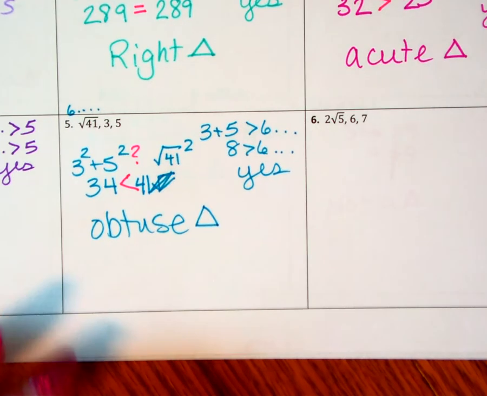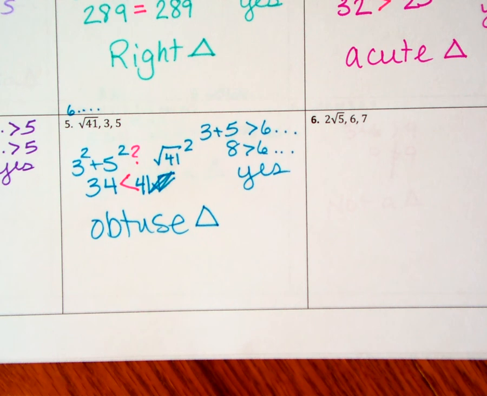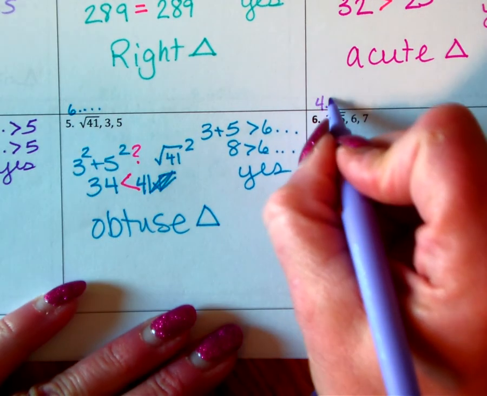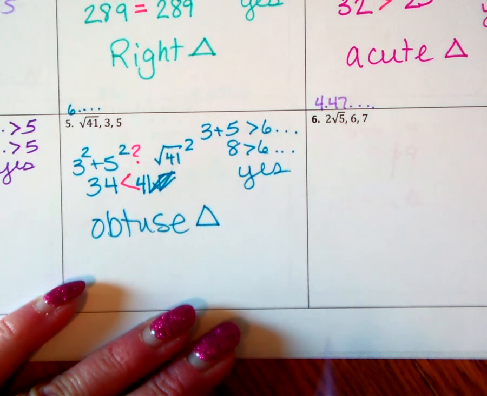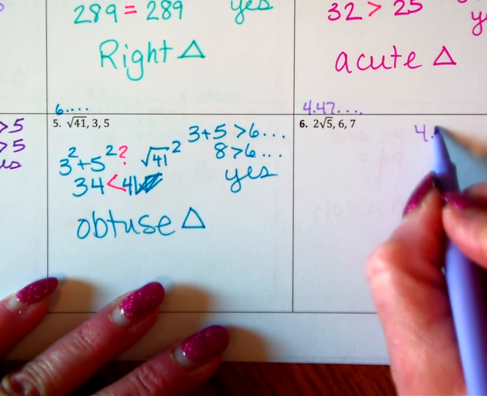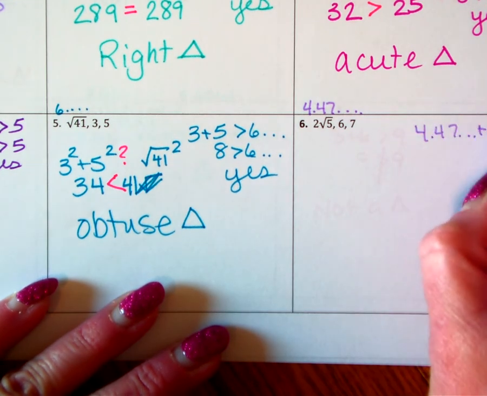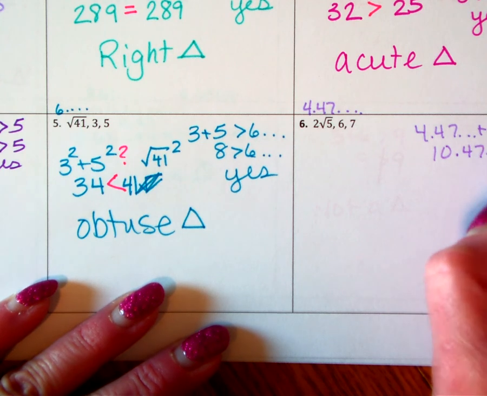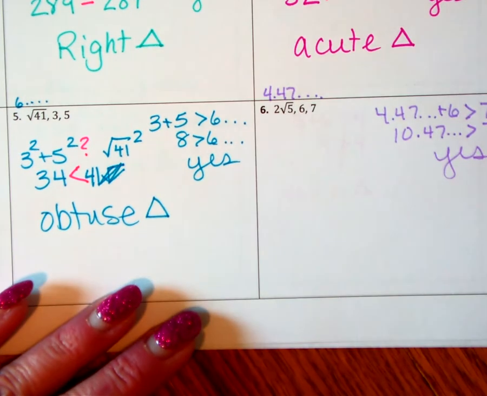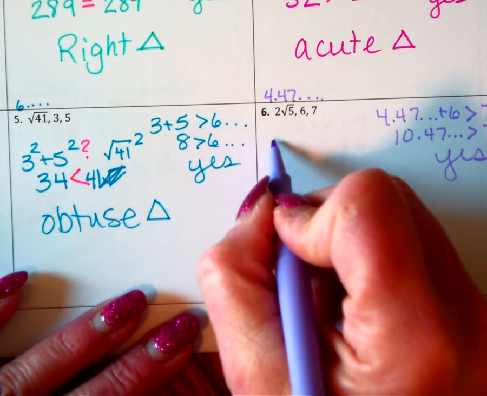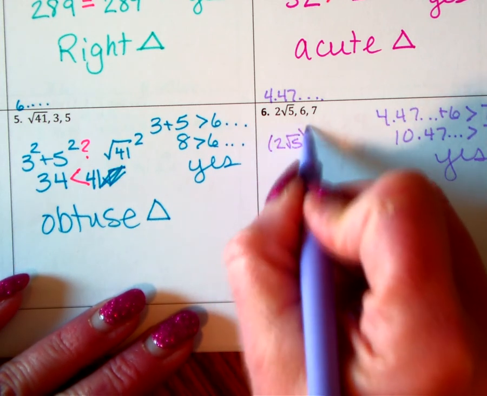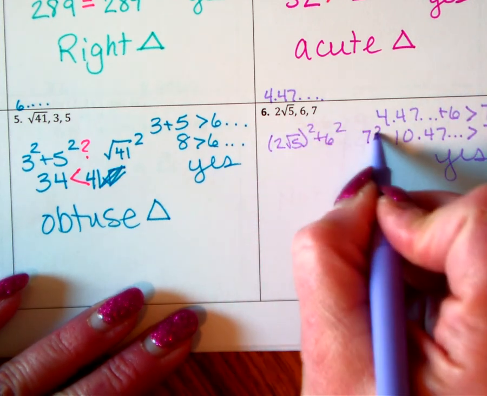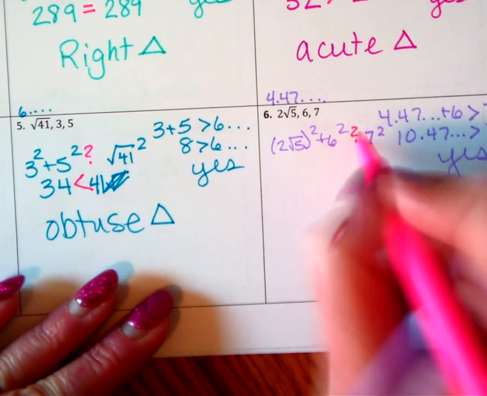Okay, and then the last one. Okay, 2 square root of 5. Throw up my calculator so I can see it's 4.47 something. So my smallest two sides are 4.47 something plus 6, and I'm checking, is it greater than 7? Yeah, 10.47 is greater than 7, so it is a triangle. So when I square my two smallest sides, 2 square root of 5 squared plus 6 squared, I'm comparing it to 7 squared.